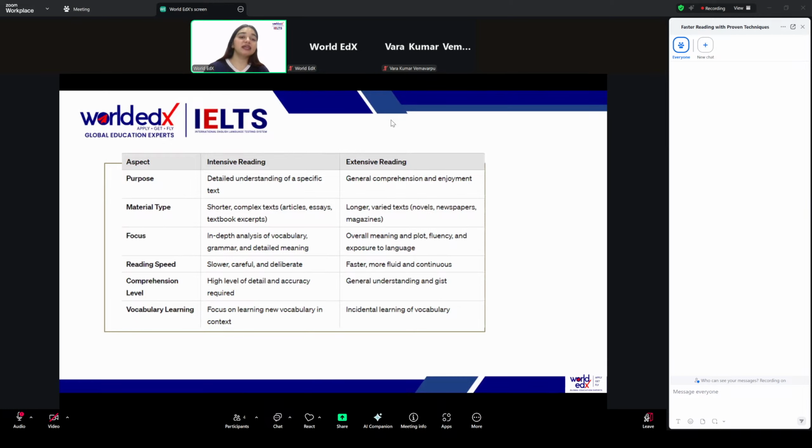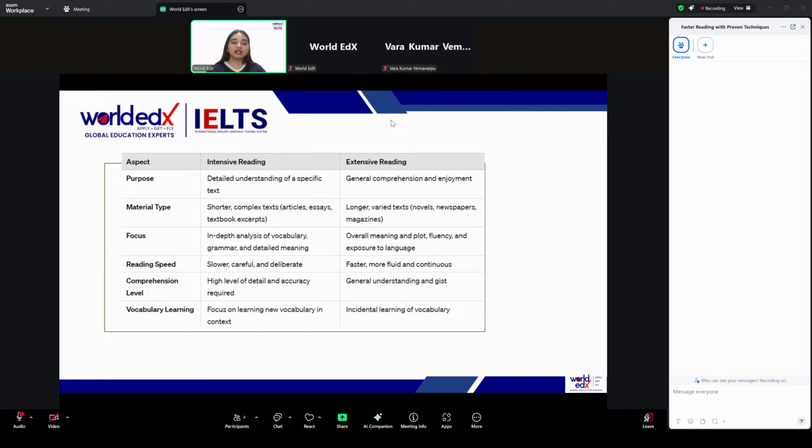It can be really easy if you are reading shorter, complex text, but if you're reading very long text, intensive reading does not come handy, because you have some time limitations as well. There we tell students to go for extensive reading, where you just read between the lines, you get a general gist, and then you start answering the questions.